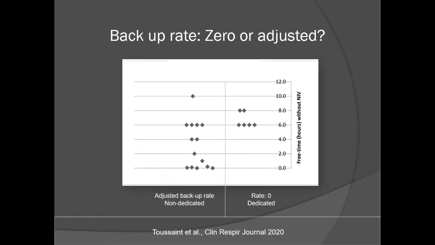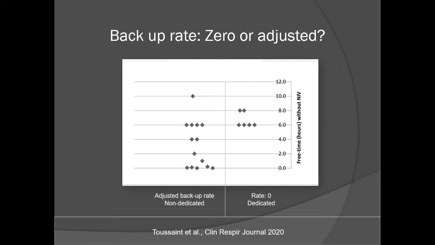So I told you that there is a possibility with the dedicated mode for the mouthpiece to set a backup rate or to set the rate at 0. And what is better for patients? Do patients prefer a rate at 0 or do they prefer to adjust a backup rate?